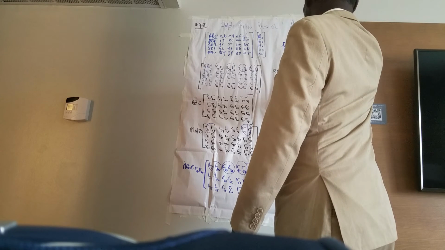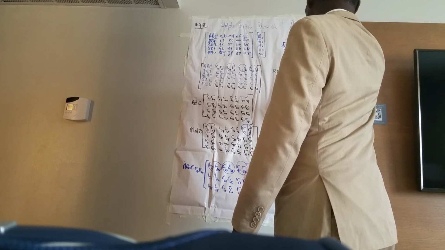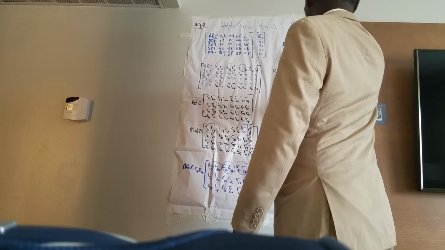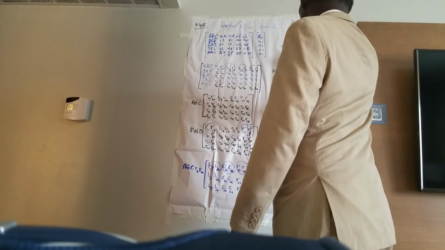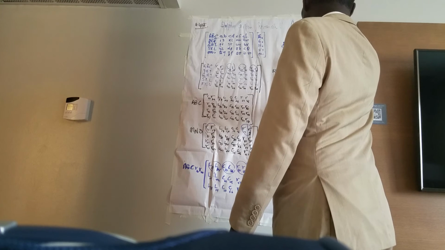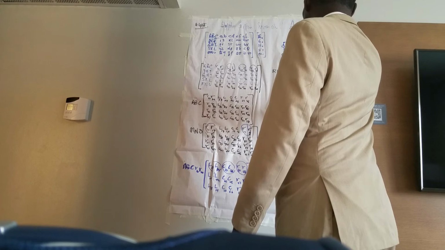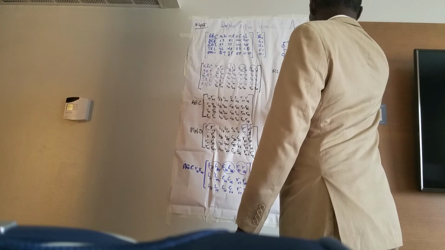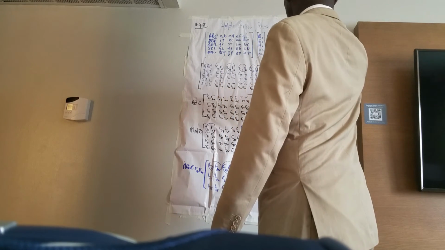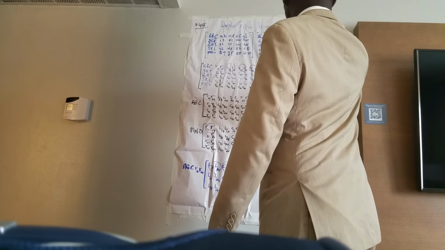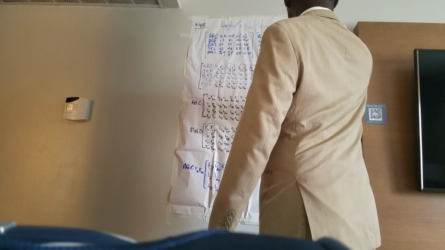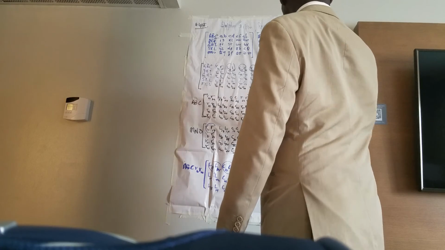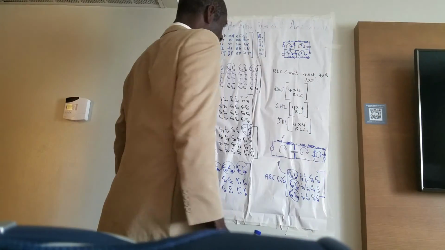Resistance, inductance, and capacitance. So this would be 1, 2, 3, 4. Something like that for the 4x4s. This will be the 3x3 circuit that we'll have to solve.